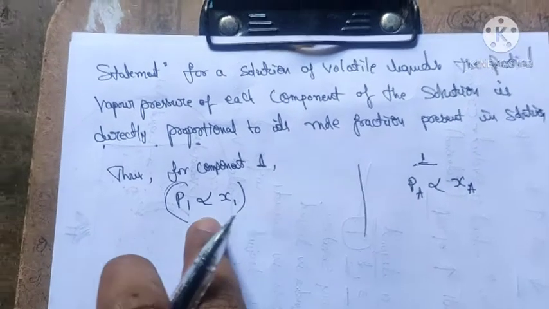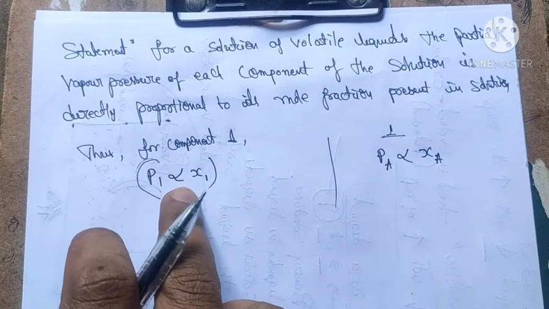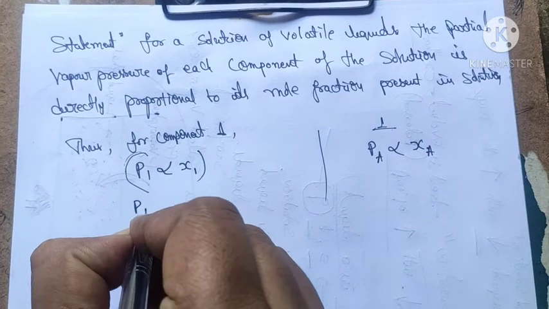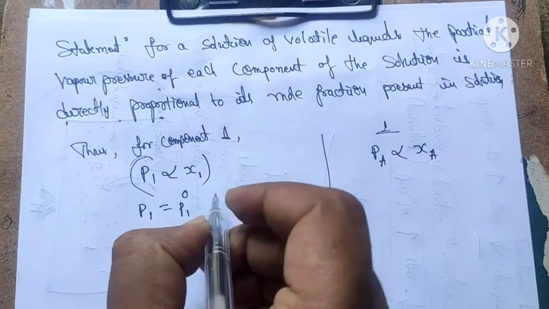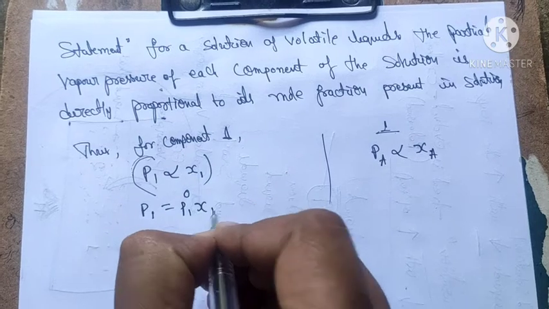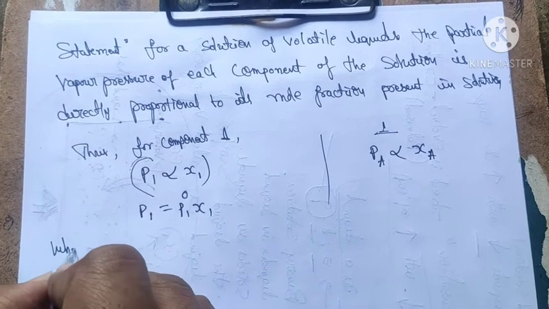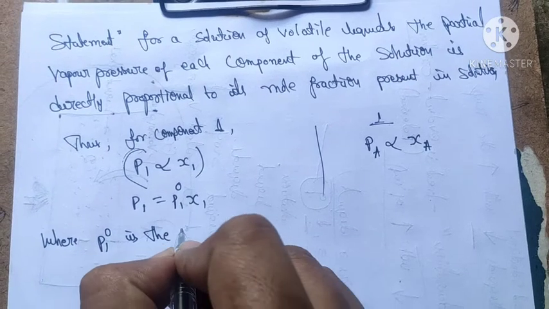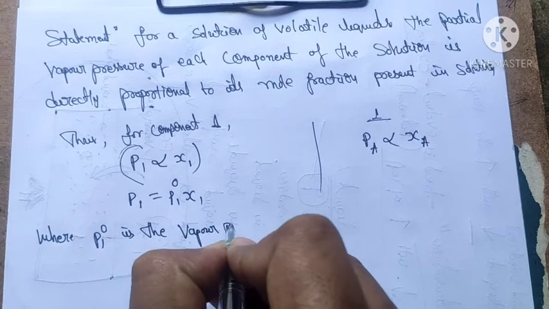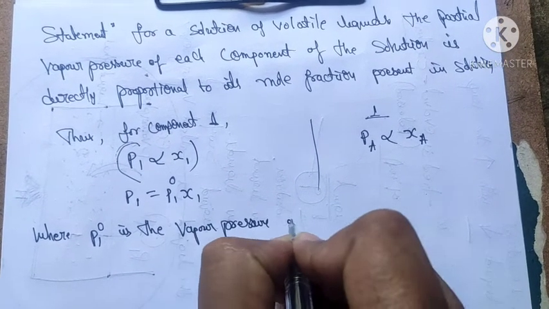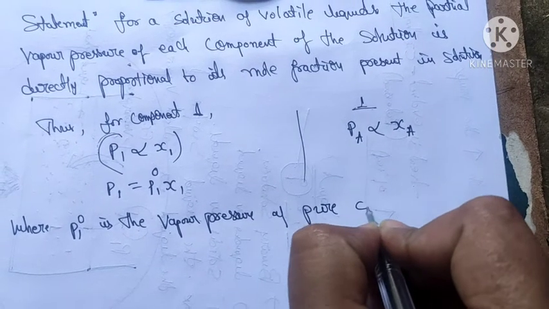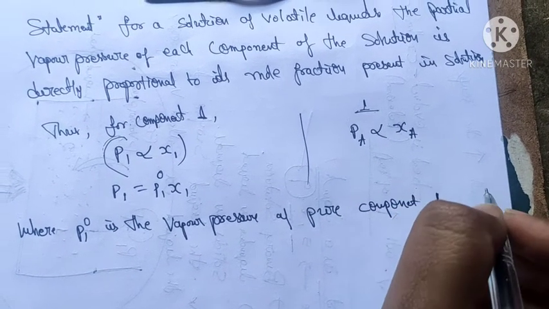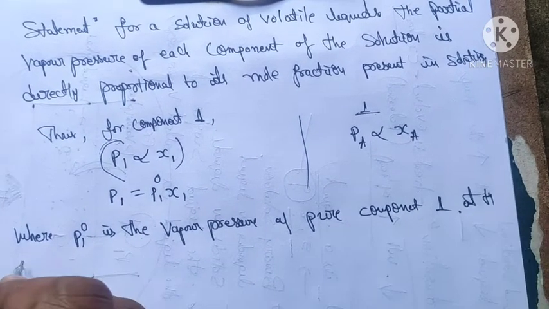Removing the proportionality, we get P1 equals P1 naught x1, where P1 naught is the vapor pressure of pure component 1 at the same temperature.